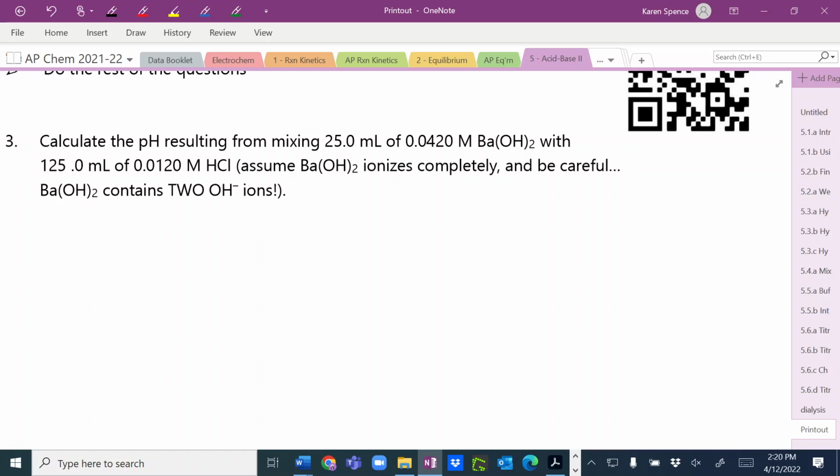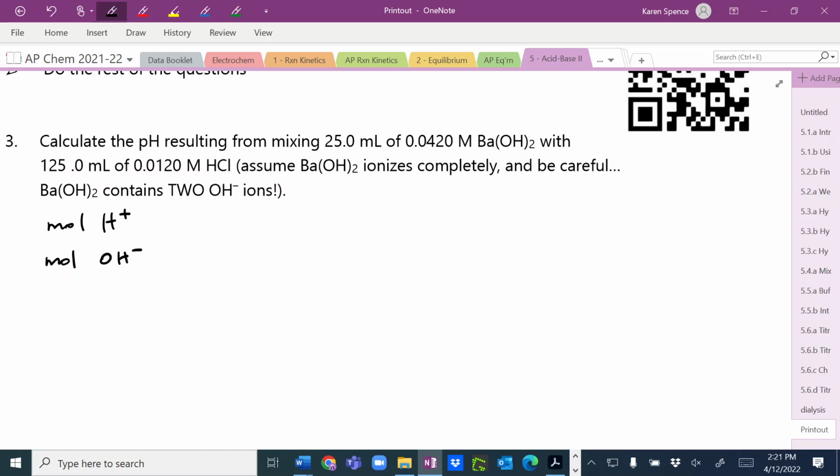One of the ways of doing this that is sometimes easiest is just to find the moles of hydrogen and the moles of hydroxide, because then you don't have to worry about the stoichiometry between the barium hydroxide and the hydrogen. You just go, oh, I can just go with that. Do we like that way of doing it? Do you have any idea what I'm talking about?